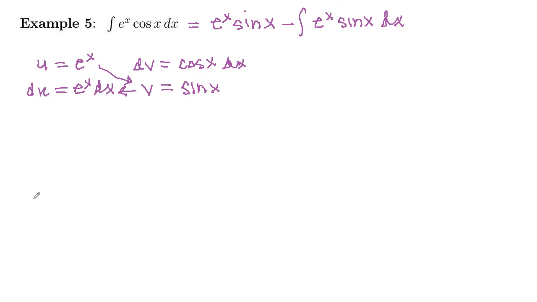So let's do a separate problem down here. The integral of e to the x sine x dx. And let's let our u be e to the x again, and our dv now, sine x dx.